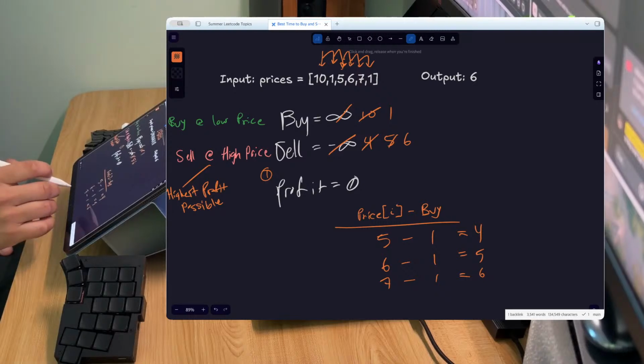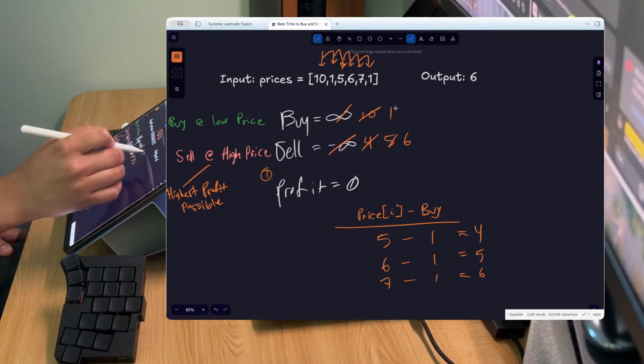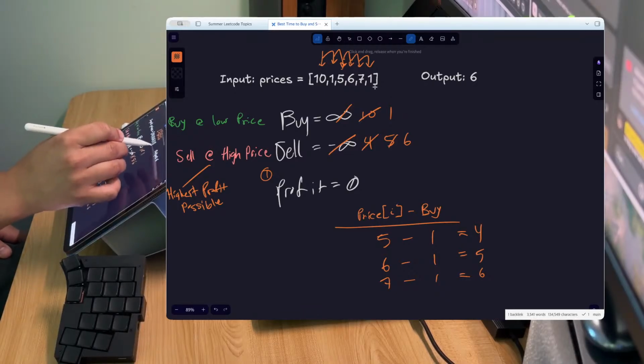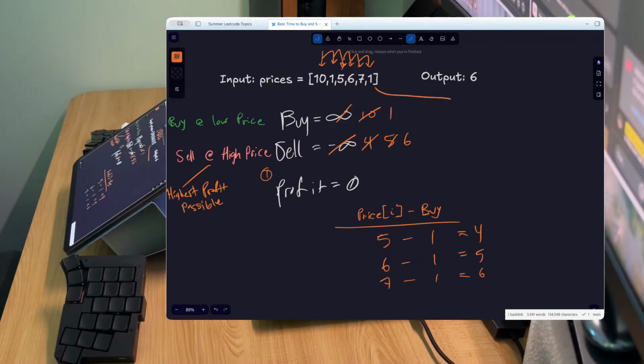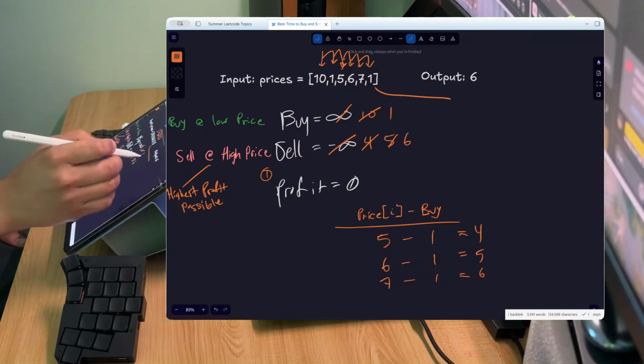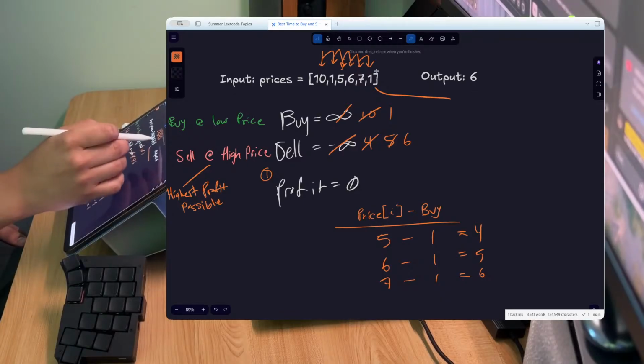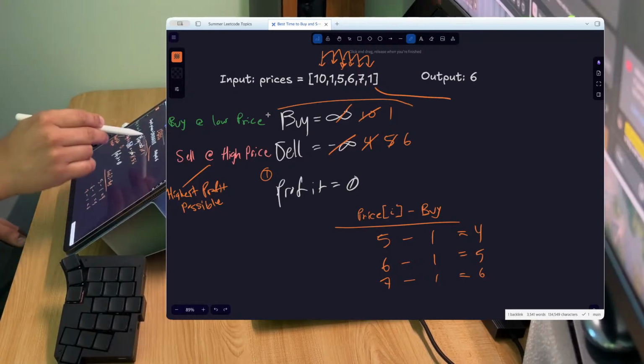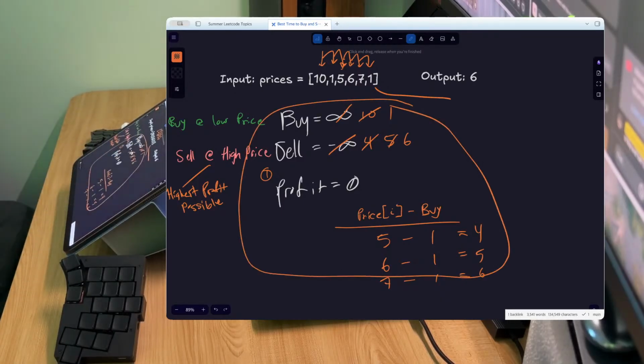Then we have 1. So buy gets updated. Technically, we don't have to update because we're at the end of the day. We're at the end of the price range we want to check. So we could just say like, if we're at the end of the array, then there's no point to continue processing the algorithm.